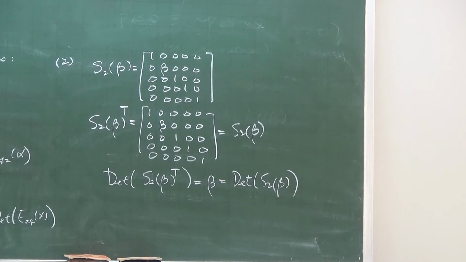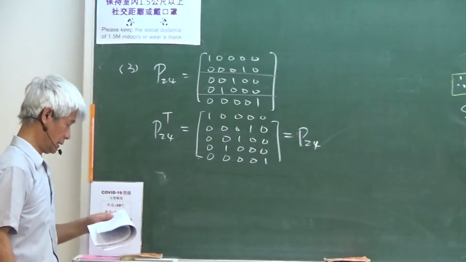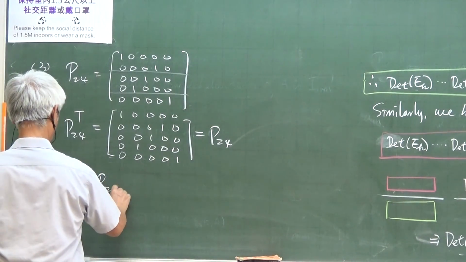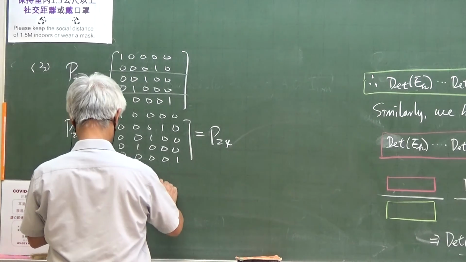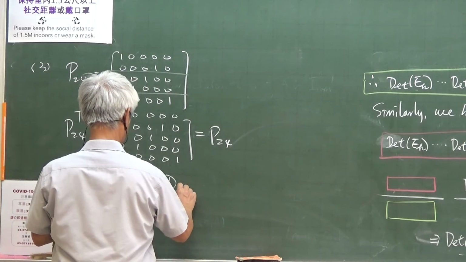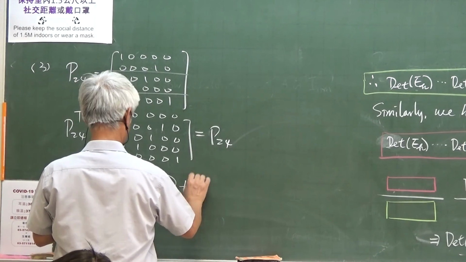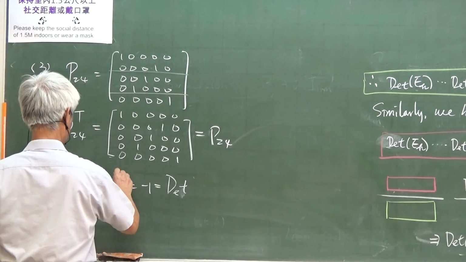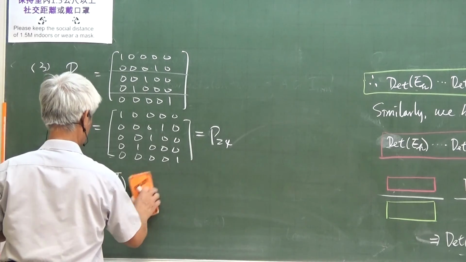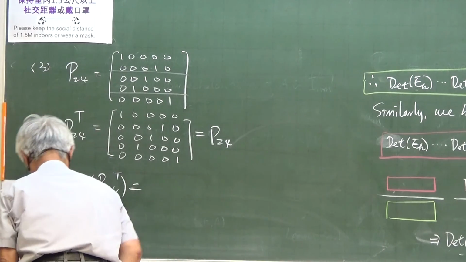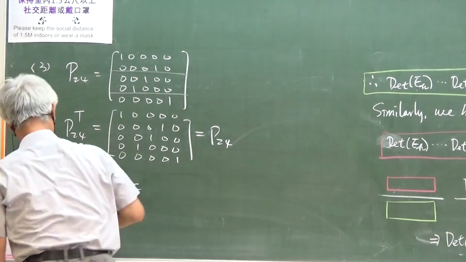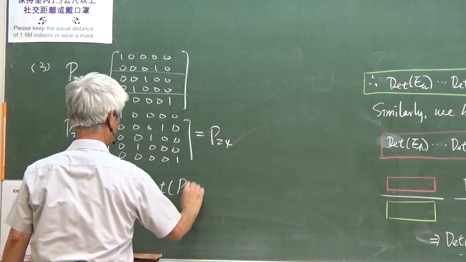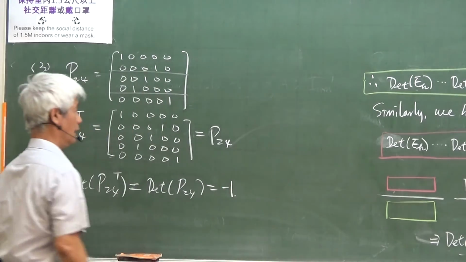So this is P 2 4, same. So the determinant of P 2 4 is equal to the determinant of its transpose, which is minus 1.